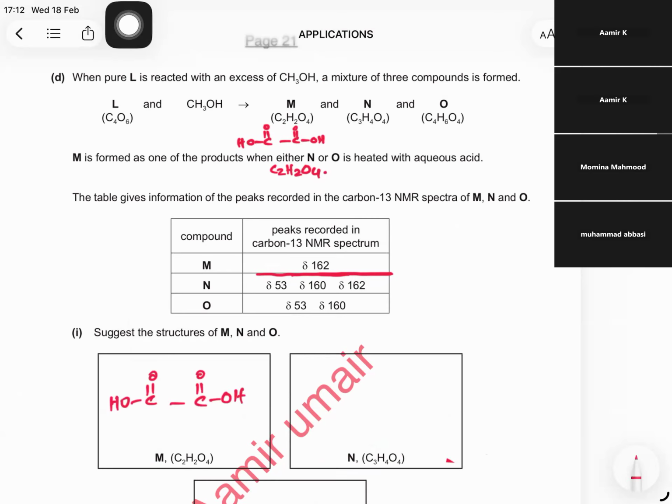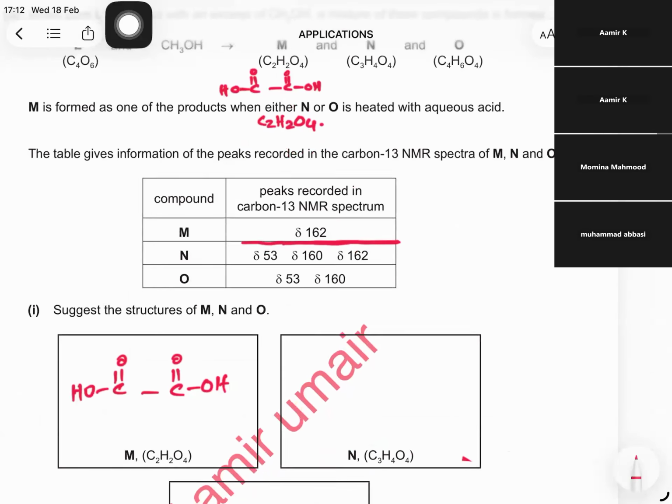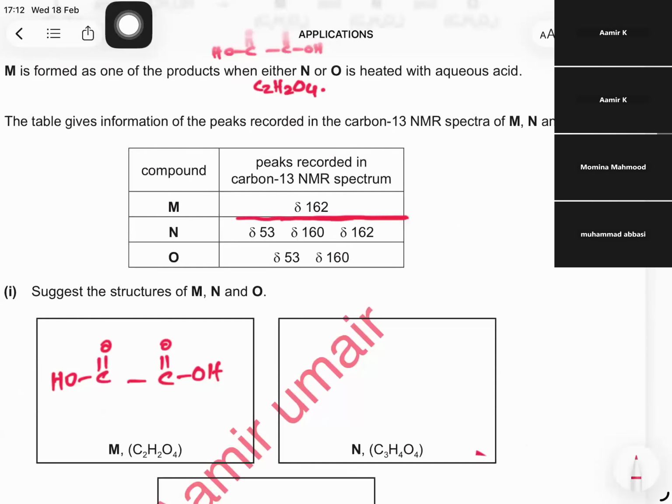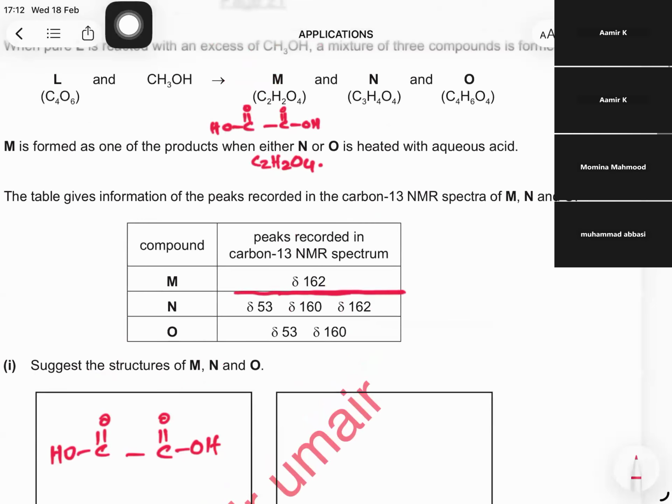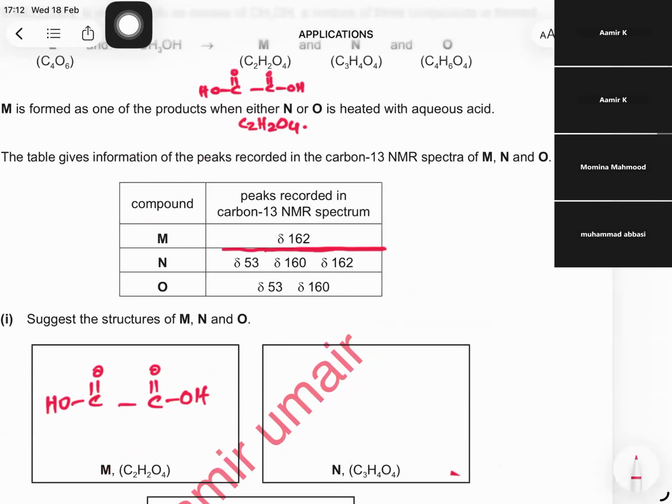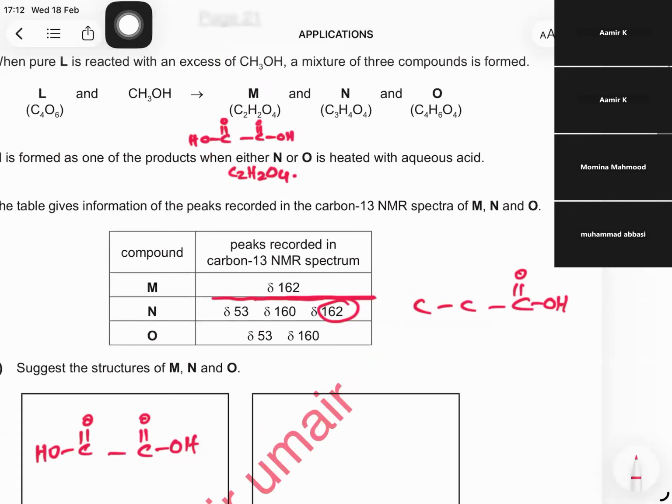Next. What about N? 53, 160, and 162. There are three carbons. 162 clearly indicates to me that it is one carboxylic acid. And there are three carbons, and there is another at 160. That also helps me to see what it should be.